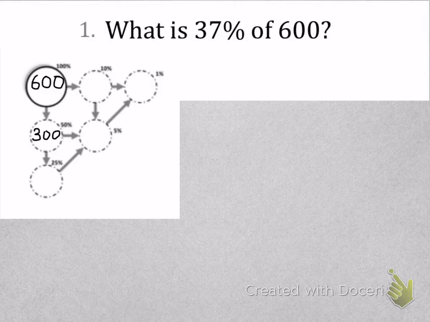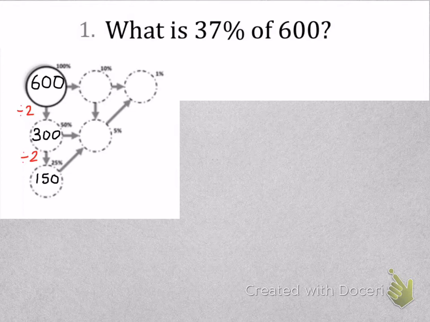We then go to our 25%, which is underneath. 25% is a quarter of 600, or it's half of 50%. And I know that half of 300 is 150. So remember, to do this line, I'm dividing by 2 each time to get the next answer.